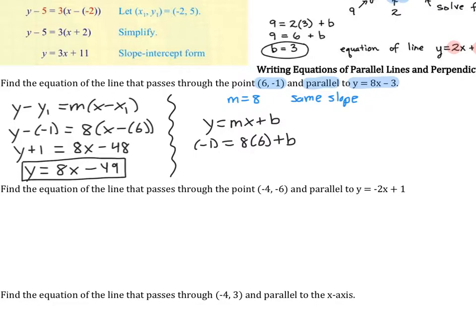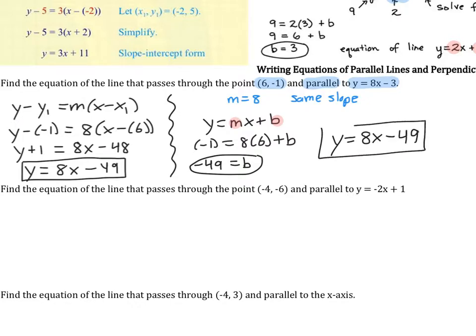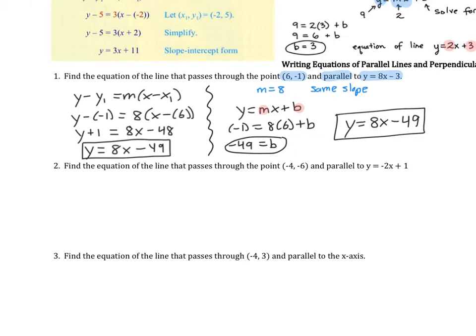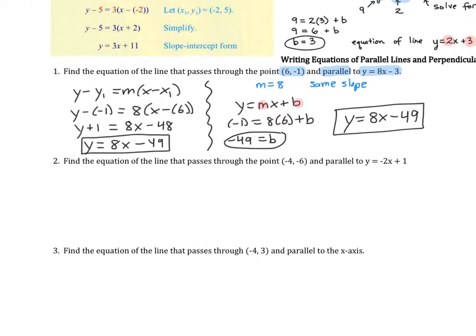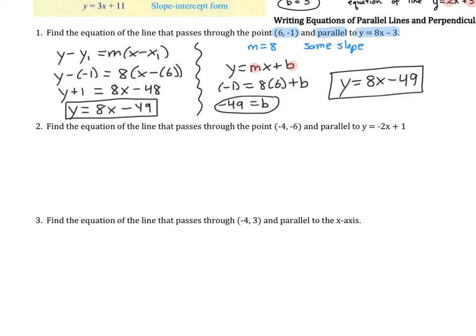If I subtract 48 from both sides, we get -49 equals b. And then I need to go back and substitute m and b into my equation to get my final answer. So we get y equals 8x minus 49. You can see that I get the same exact equation. So again, this is going to be a personal preference thing. Pick whichever method seems easier to you.